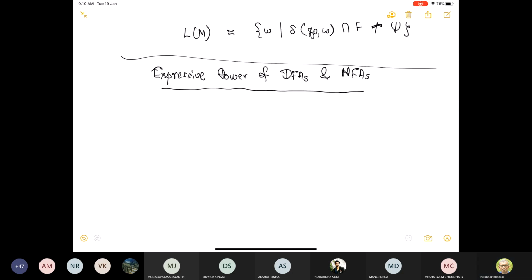It turns out that we don't gain anything in terms of language acceptance by going from deterministic to non-deterministic automata. So we cannot recognize more languages by invoking non-determinism.